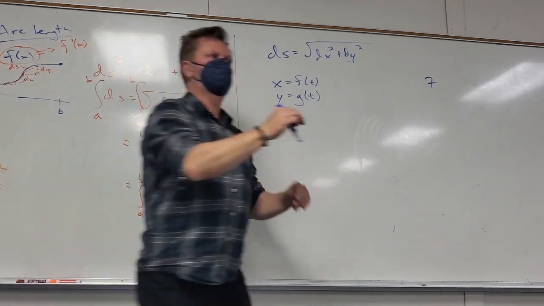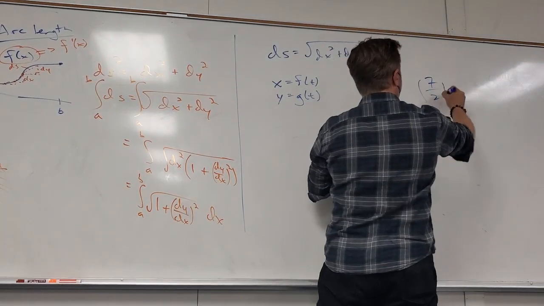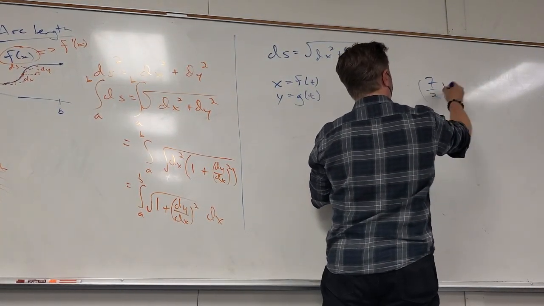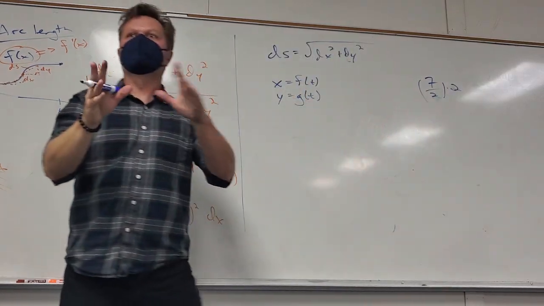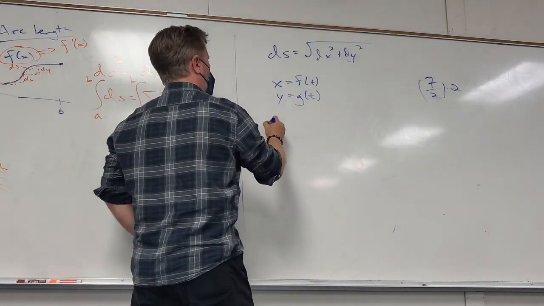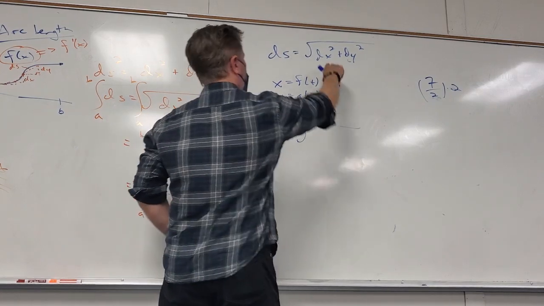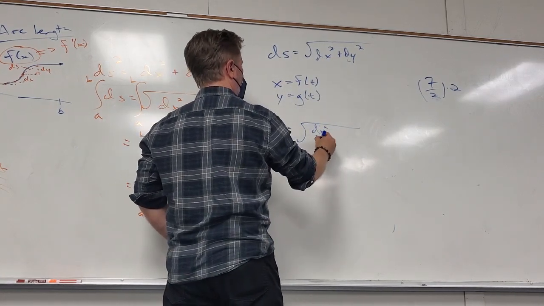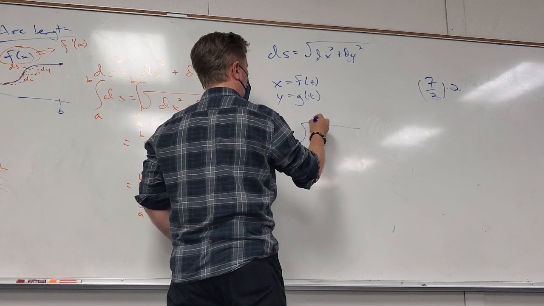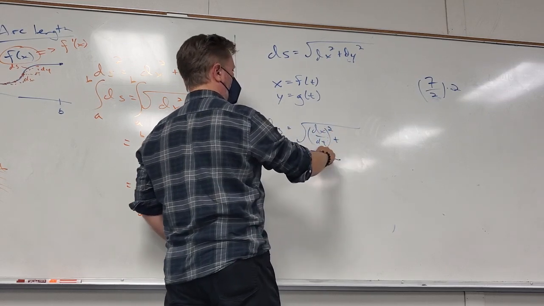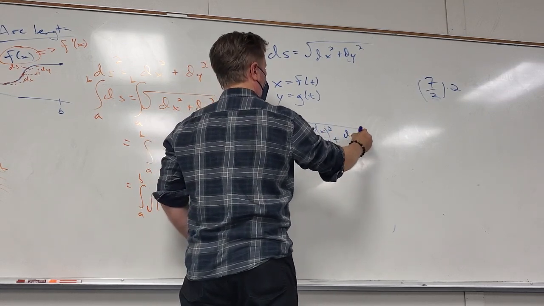If I have a 7 sitting there, can't I divide by 2 and multiply by 2? Is it still 7? Right? Okay. So look what I'm going to do. I'm going to say dx squared over dt squared, let's just make it dx/dt squared.